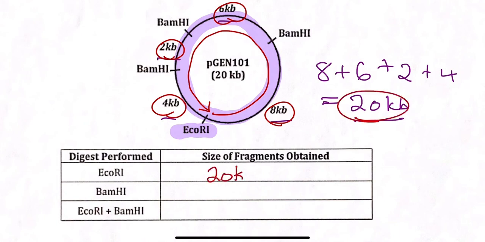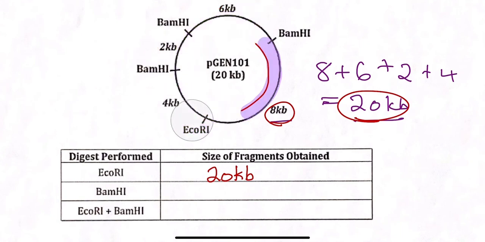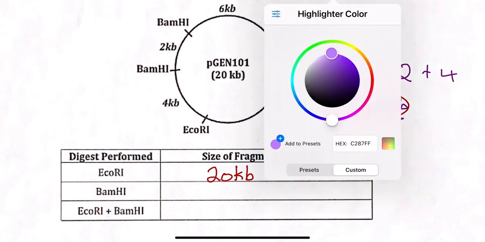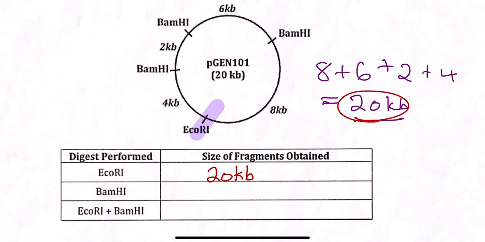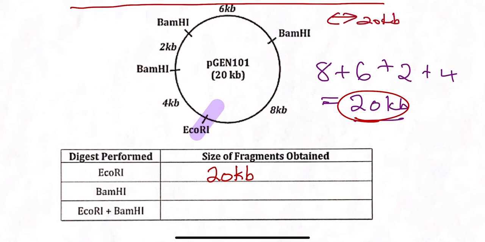If you only have EcoR1 there, then let's erase all of this. EcoR1 will come in over here and it will cut. And if you could imagine, it creates a long piece of this plasmid. You're opening up this circle, and the total length of this is 20 kb.